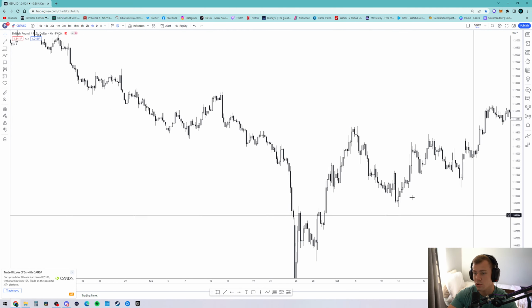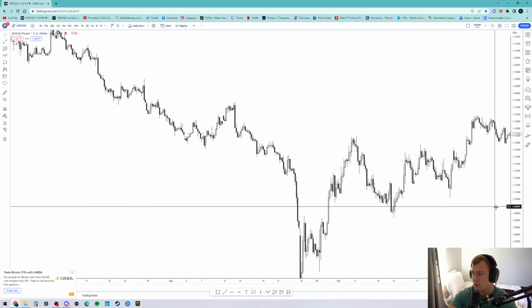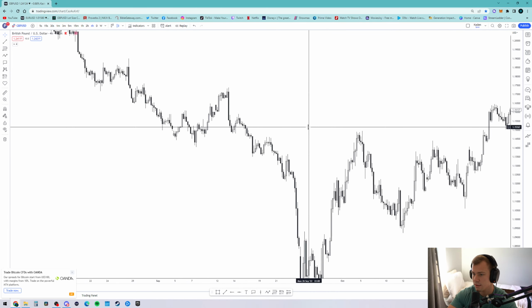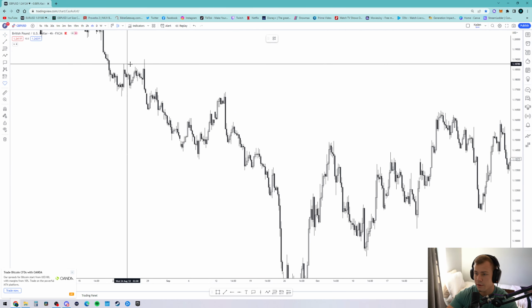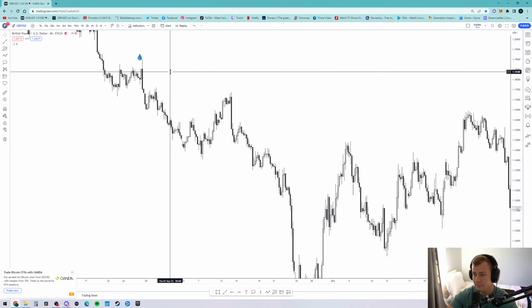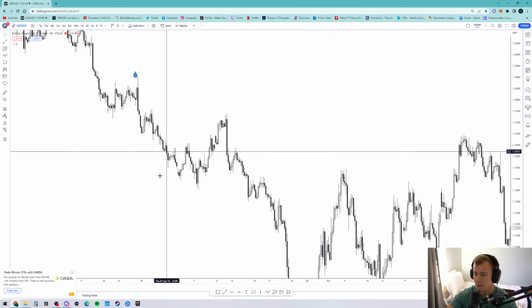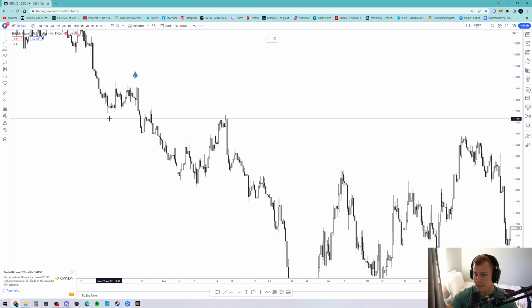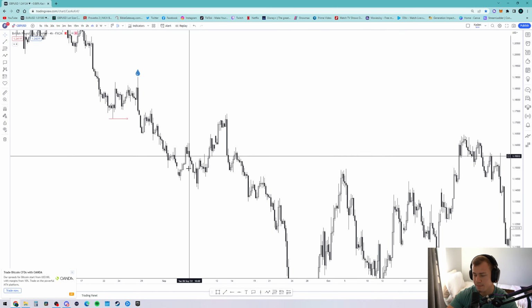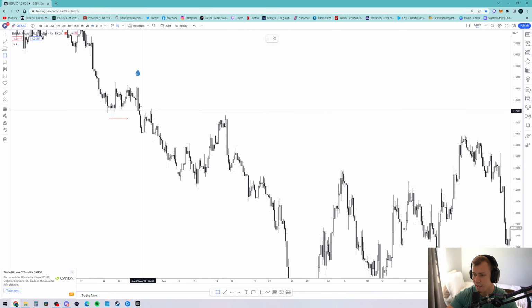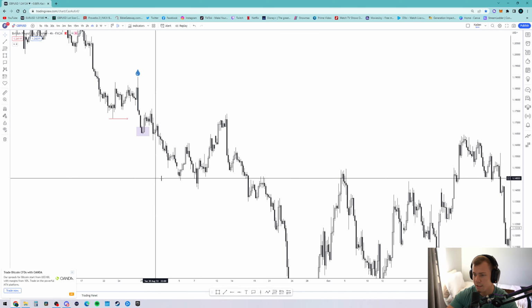Okay, now that I showed you a bullish trend, let's show you a bearish trend for a second. Okay, so the market starts off up here, right? We have the low over here, and the high is currently where the water is at. The market breaks structure and makes a lower low over here.